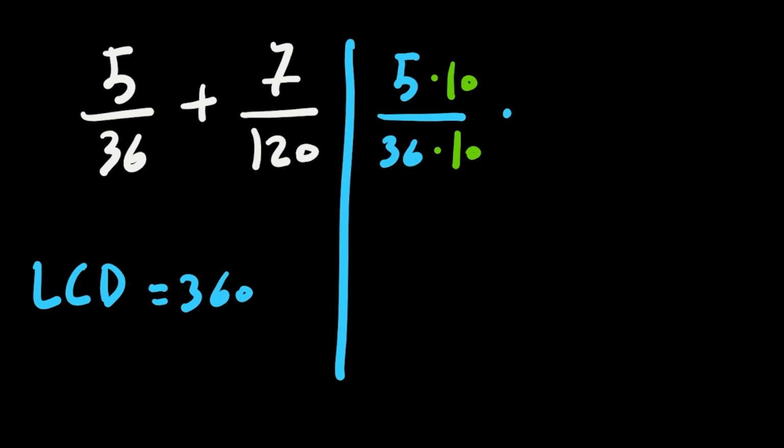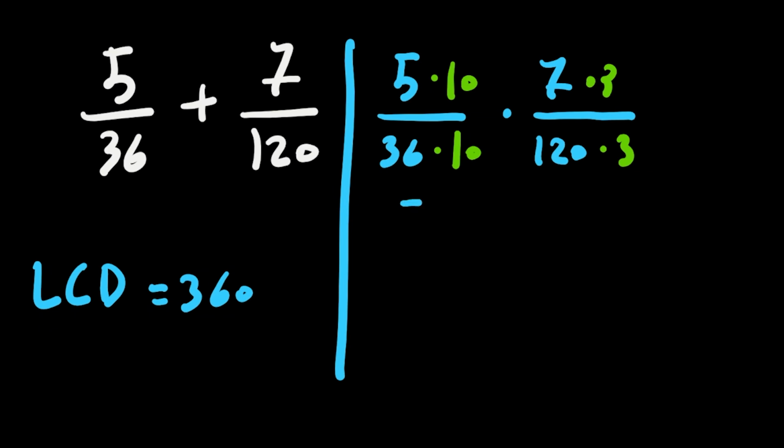Then we have 7 over 120. How can we make 120 into 360? We have to multiply it by 3, so we'll just multiply by 3 in both numerator and denominator.